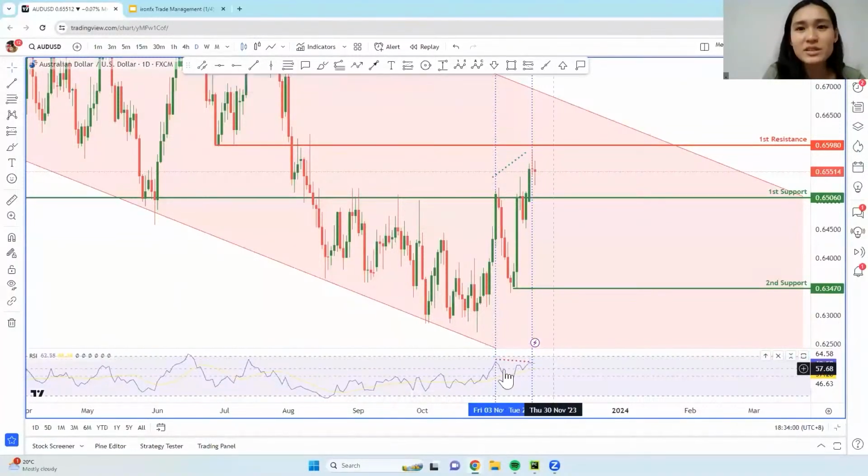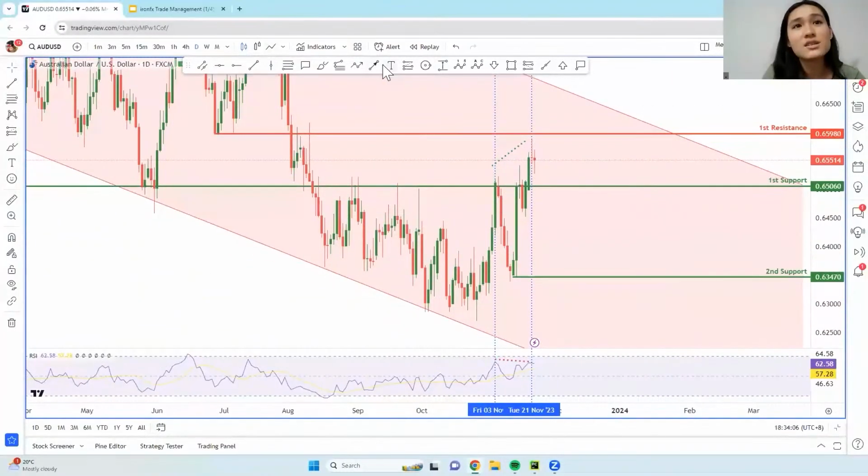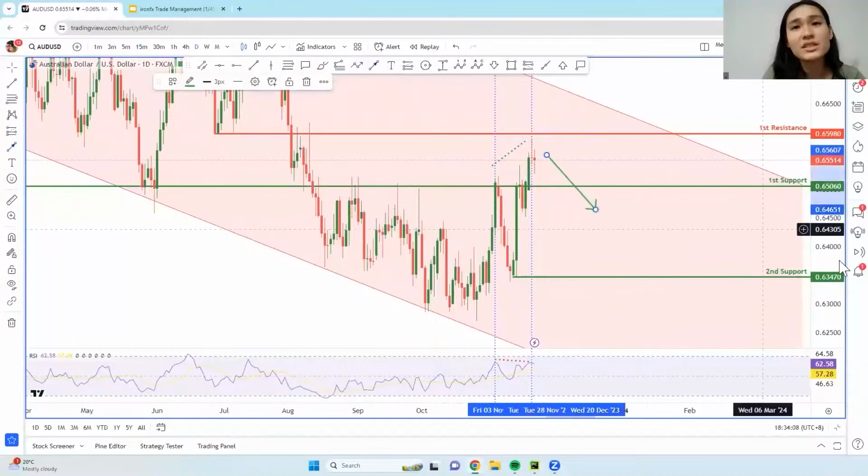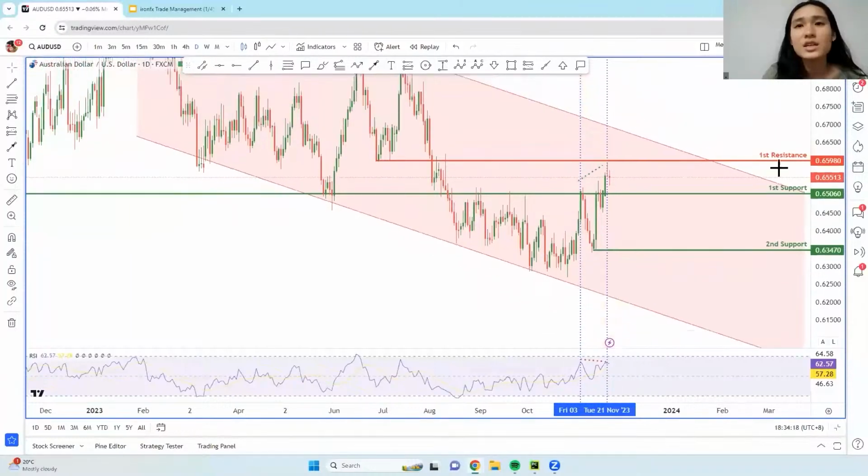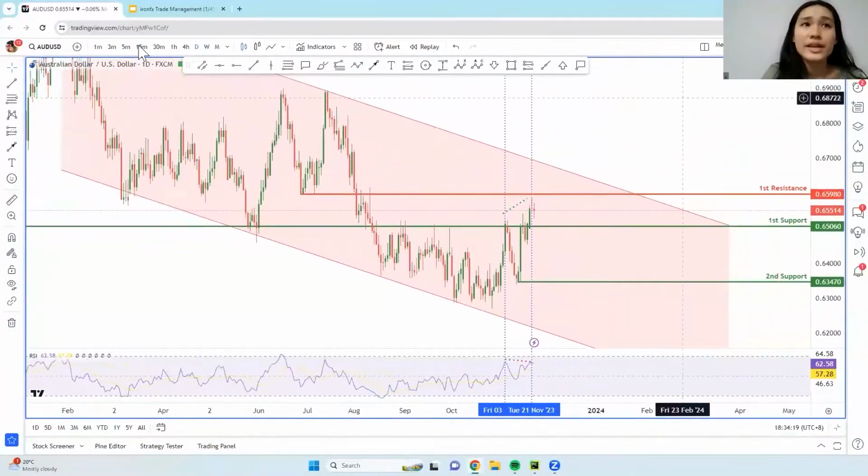Okay, so this is basically what it means. You can see it's making a lower high, whereas here it's making a higher high. So this is basically a sign, I guess, that price is likely to drop from here. And we can kind of see it already dropping. Yeah. Okay, that's all for daily time frame.